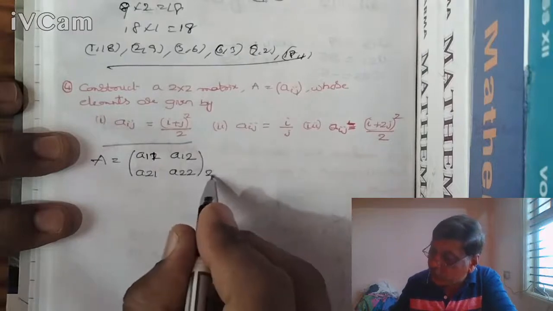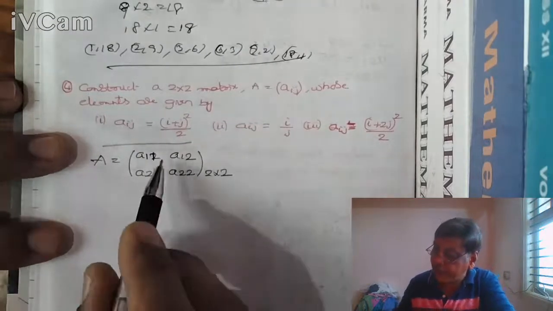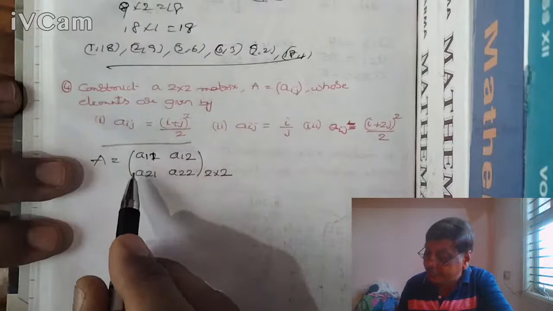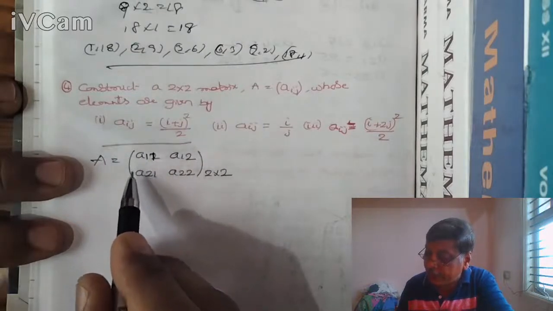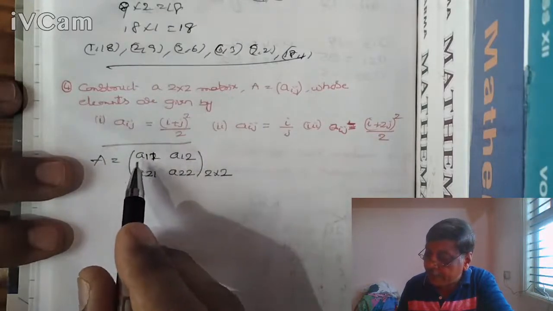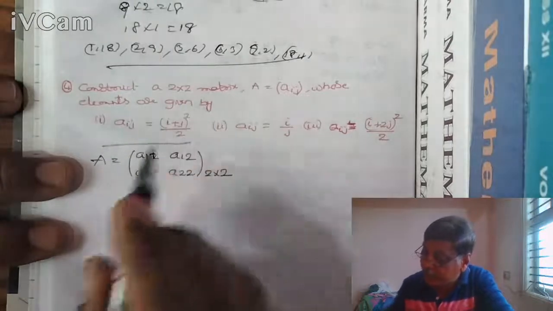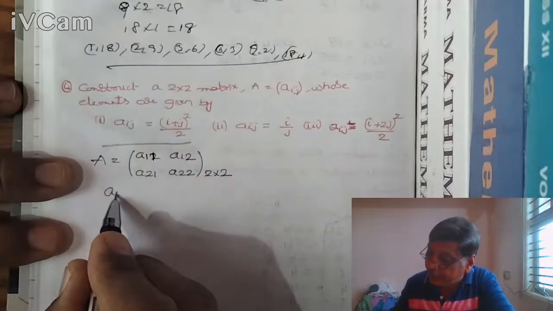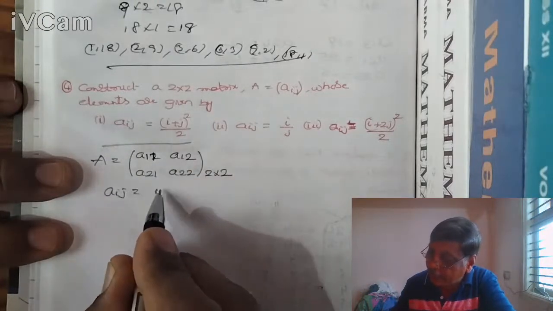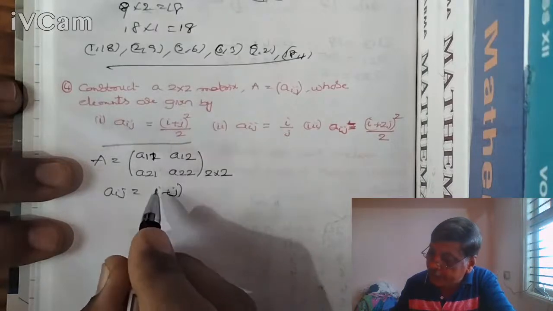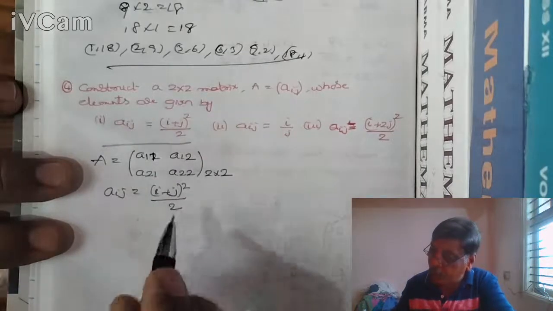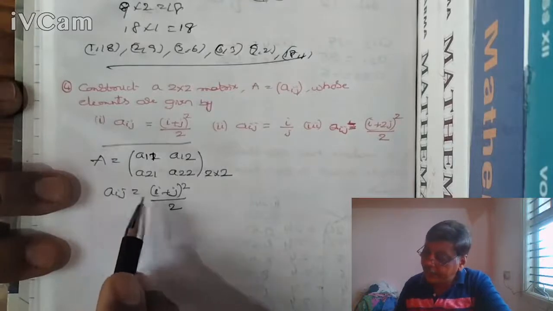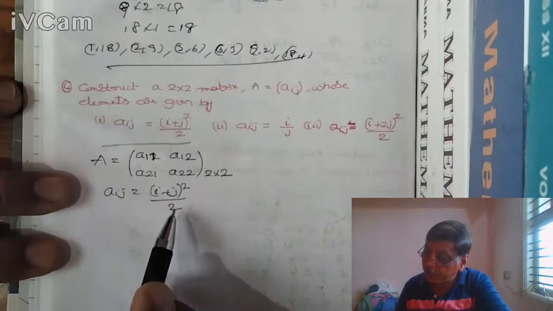Okay, this is a 2 cross 2 matrix. To determine the elements, we use this one. Here the general element is given as Aij equals (i plus j) whole square divided by 2. Aij is defined as (i plus j) whole square by 2.